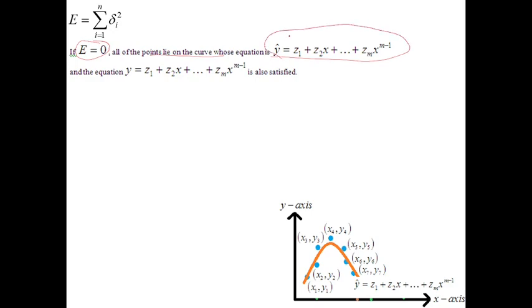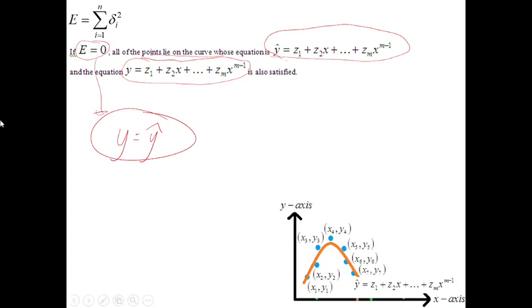So ibig sabihin yan, lahat ng points na yan, nasa curve. Okay? If E is 0. And the equation y equals z1 plus z2x plus and so forth is also satisfied. So this is, kasi nga, E is 0. So therefore, y is always equal to y hat if E is 0. Okay?